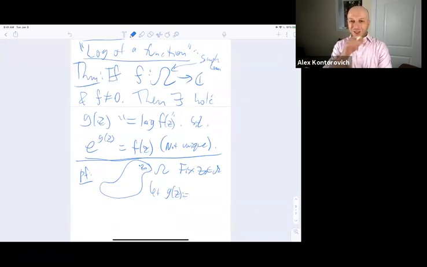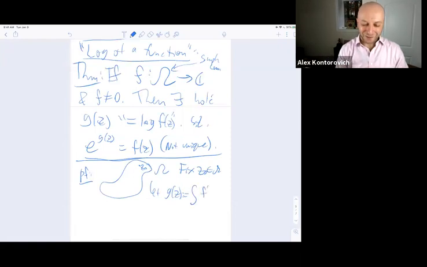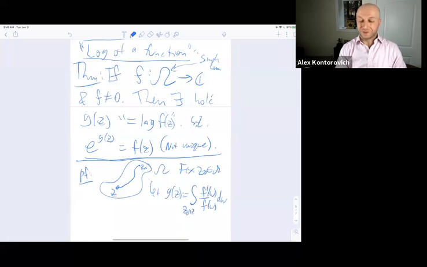If we just want log z, we would do 1 over w dw. Is it like the integral of the logarithmic derivative? f prime over f. Yeah. f prime over f. Perfect.